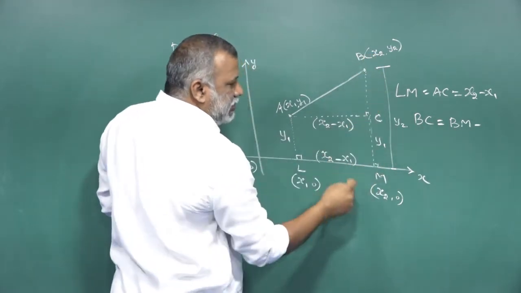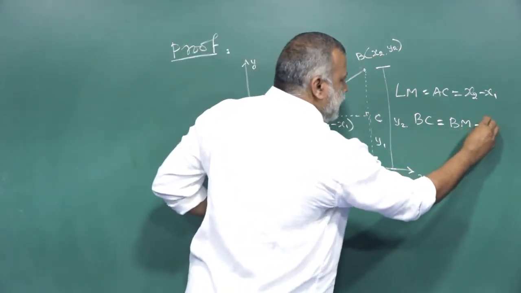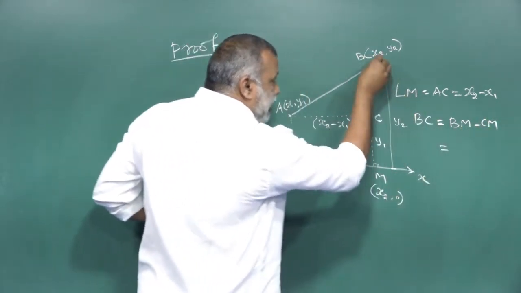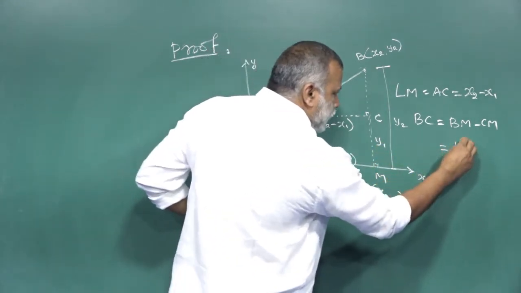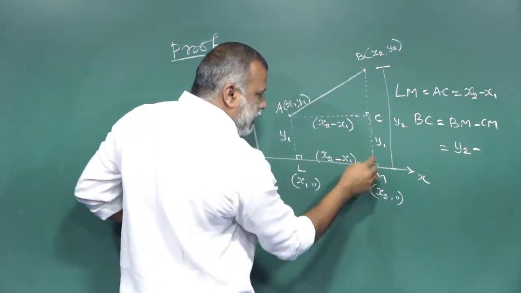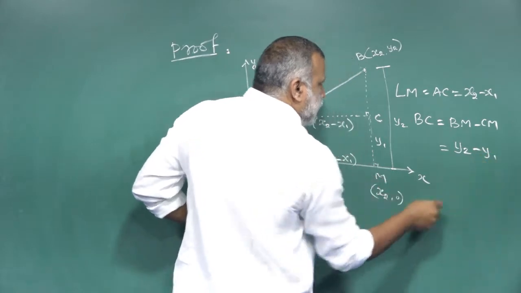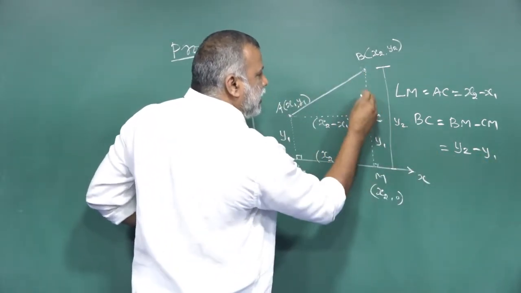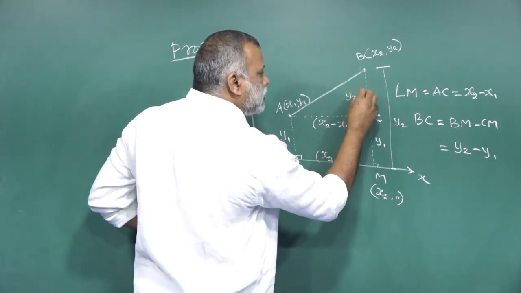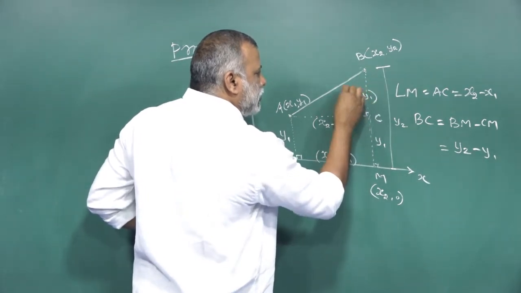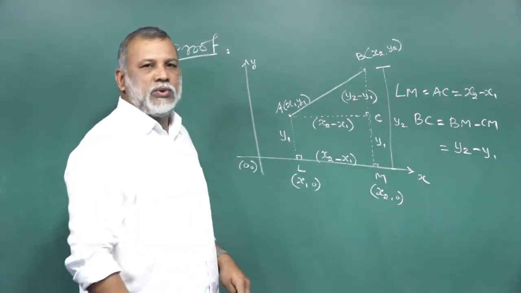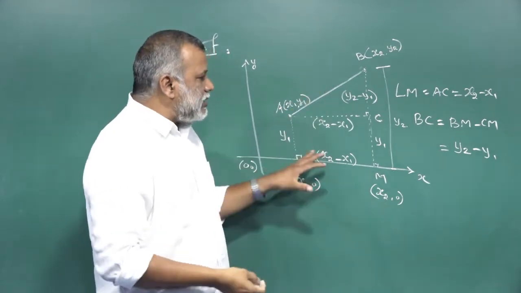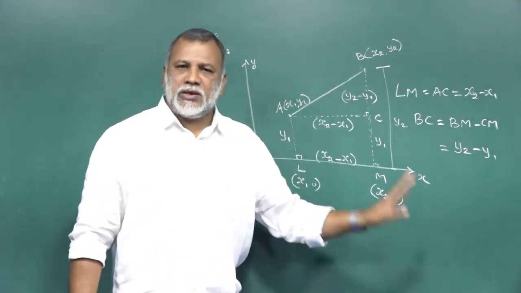The BM is the maximum. Then minus CM. So what is the value of BM here? y2 minus y1. So that means BC value is y2 minus y1. So we are able to get the results from the diagrammatic explanation only.